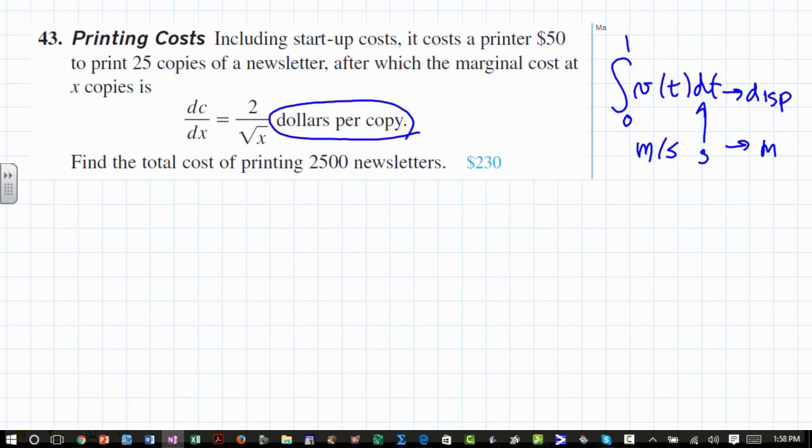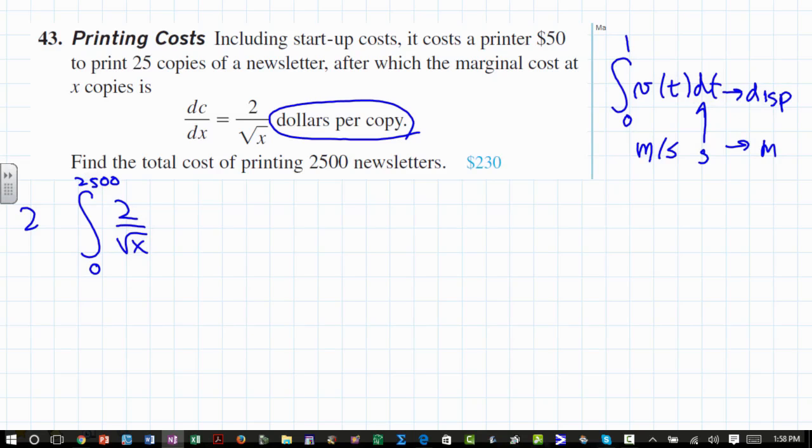So if I integrated from 0 to 2,500. Do you take into account the fact that the first 25 just cost 50?